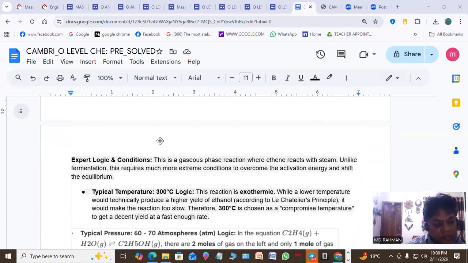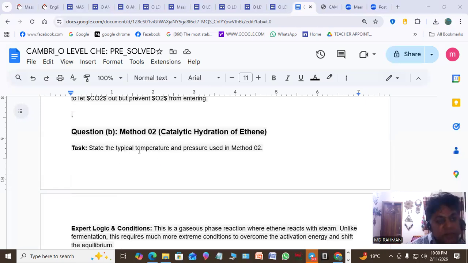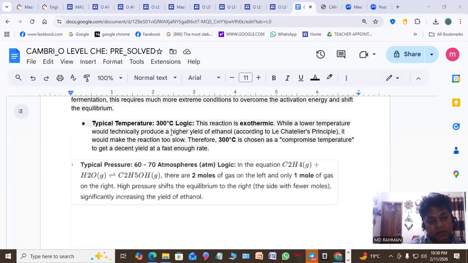So what is asked in question 2? State the typical temperature and pressure. These two pieces of information have been asked: 30 degrees centigrade and 60 to 70 atmosphere. This is an exothermic reaction, that is, heat is released, and the temperature is around 30 degrees centigrade and the pressure is 60 to 70 atmosphere.